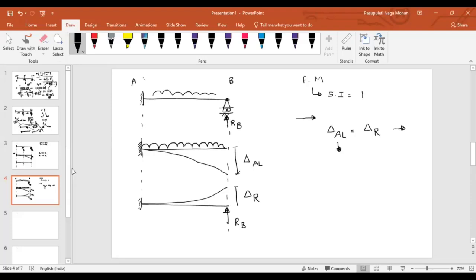So that's why, instead of applying RB, what I will do is apply a unit force. If I apply a unit force, can I find the deflection? It's a magnitude.